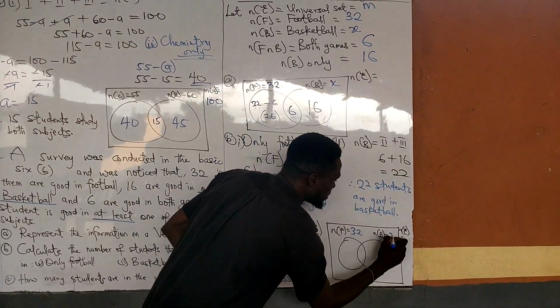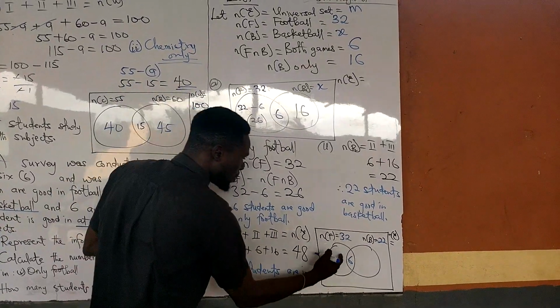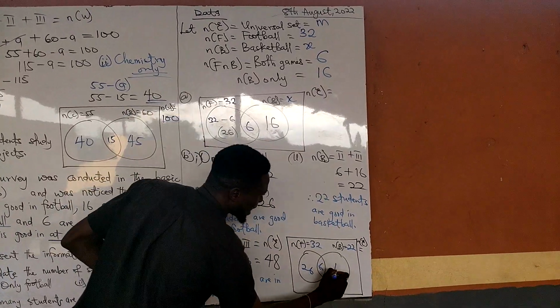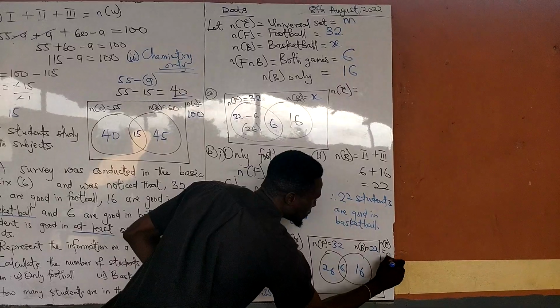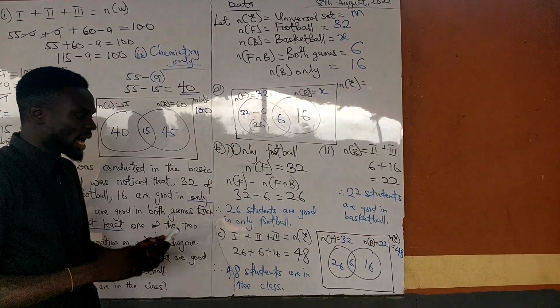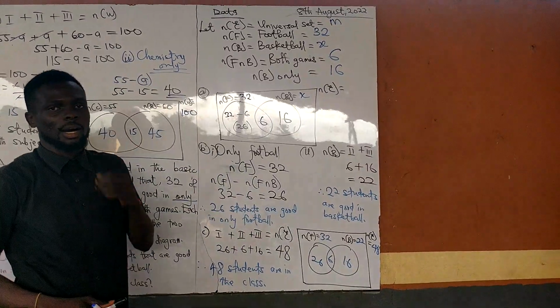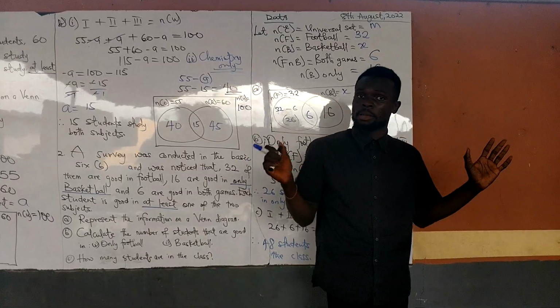Football, when we calculated them, basketball we have 22, intersection is 6. When we dropped and subtracted, we had 26. The only basketball was given as 16. Then when we calculated the universal set, we had 48. And you will notice that this plus this will give you the universal set. So this is a Venn diagram without complement.